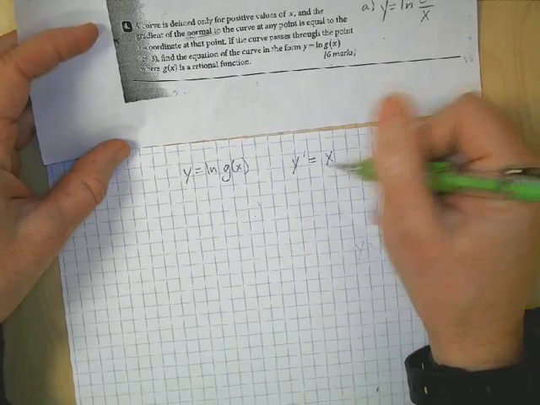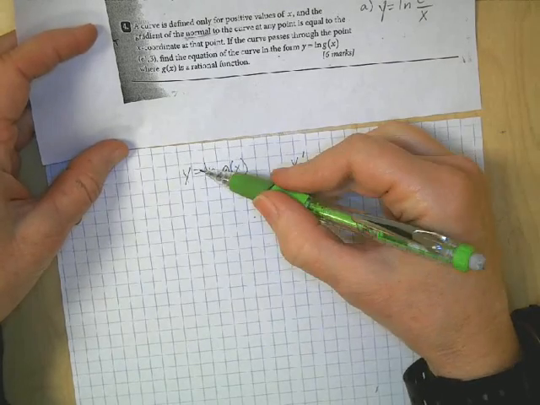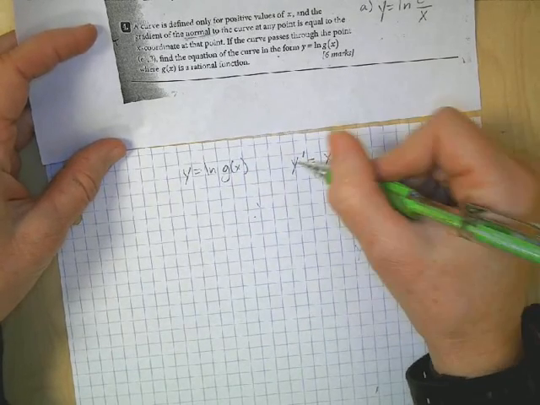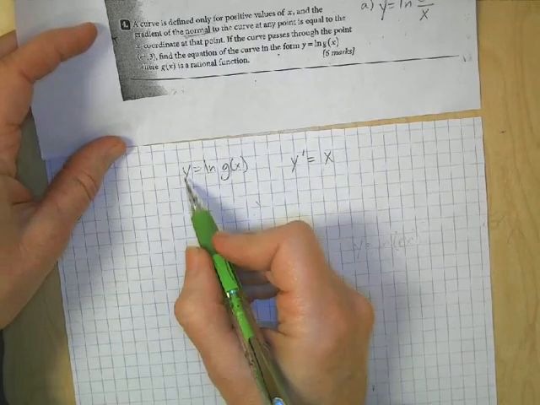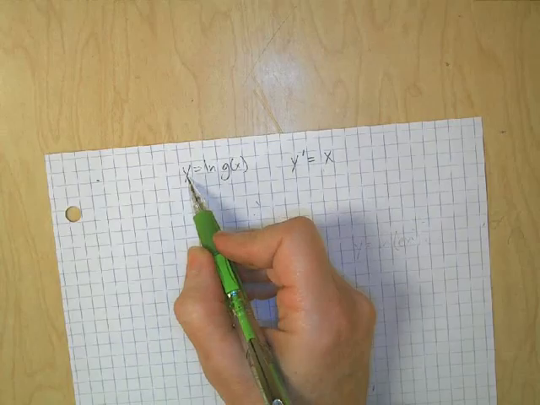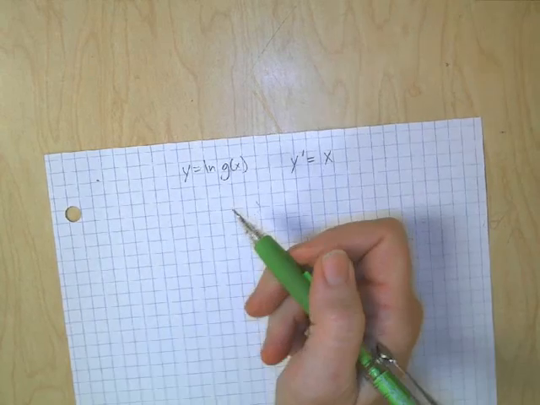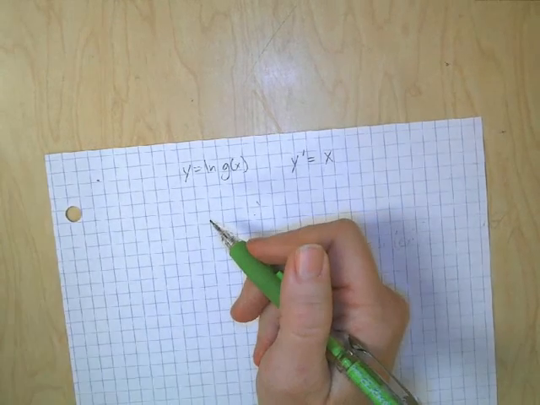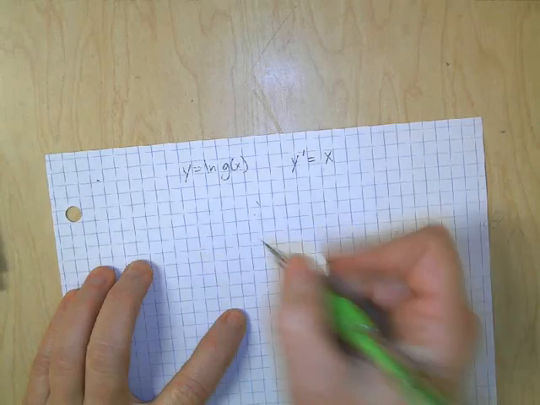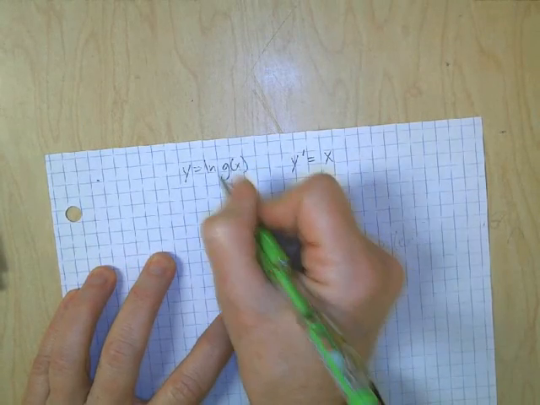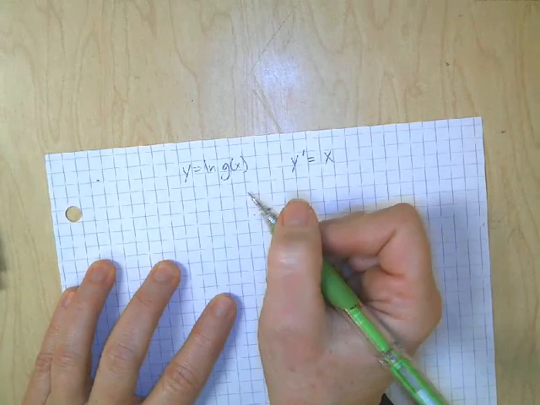Okay, so I know that the derivative of y equals natural log of g of x has to just equal x. But if I actually take that derivative, I would do a little u substitution, because g of x could be something real fancy, we don't know.